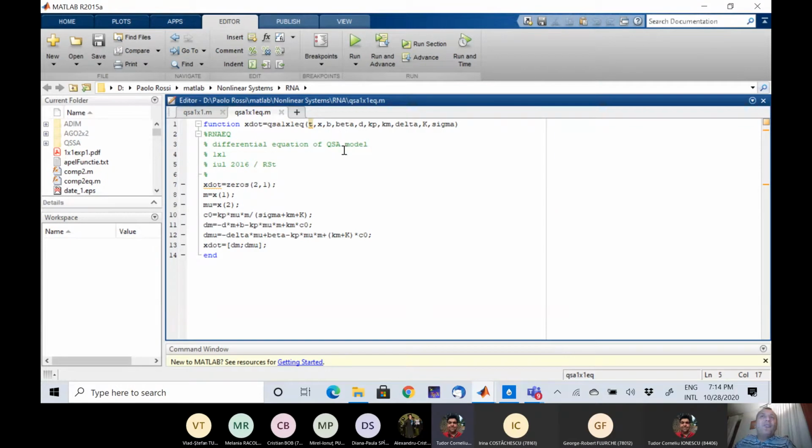It's good to denote it x dot, because then you precisely know that this is the derivative, so the expression of the underlying vector field defined by f. And here you can have a huge list of parameters. You can have a vector of parameters, whatever. You have all these parameters listed here.